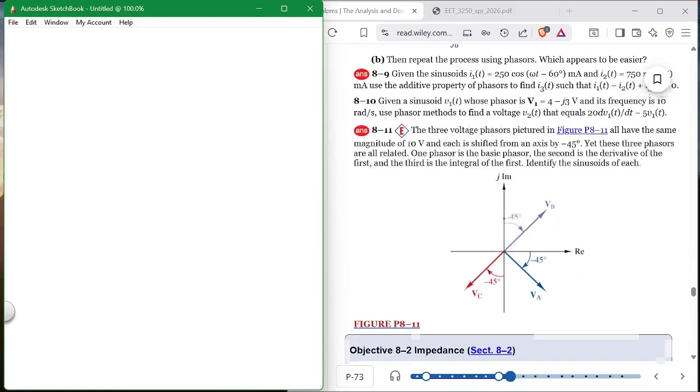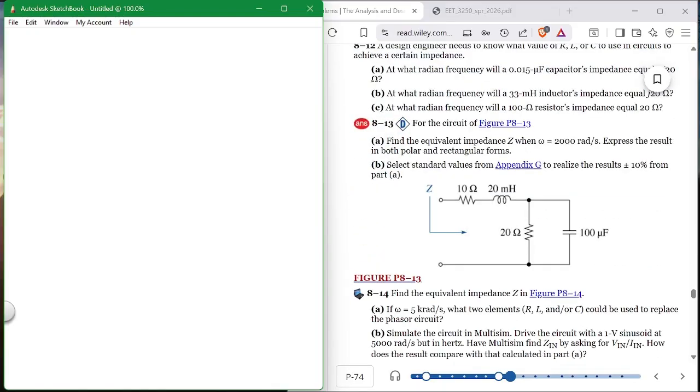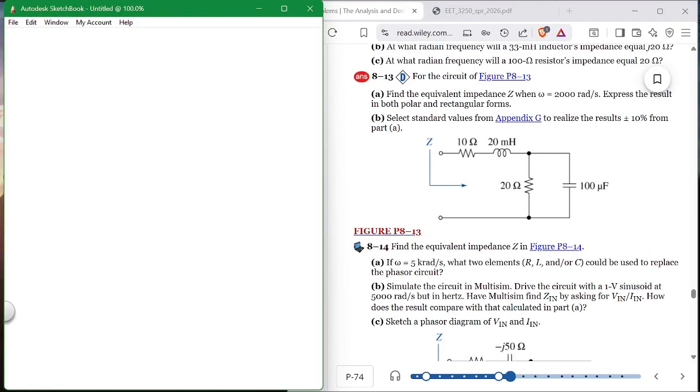Number 13, 8.13. Find the equivalent impedance Z when omega is 2000 and express it in polar and rectangular. So I'm only going to ask you in polar.